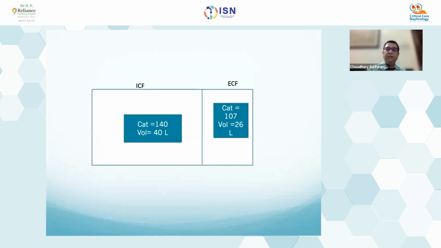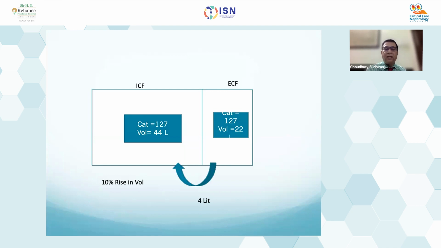If you calculate, immediately nothing will happen in the intracellular fluid compartment. In the extracellular fluid, since you have added 6 liters of hypotonic solution, the cation will go down to 107 with 26 liters of volume. So what will be the next effect in our body?